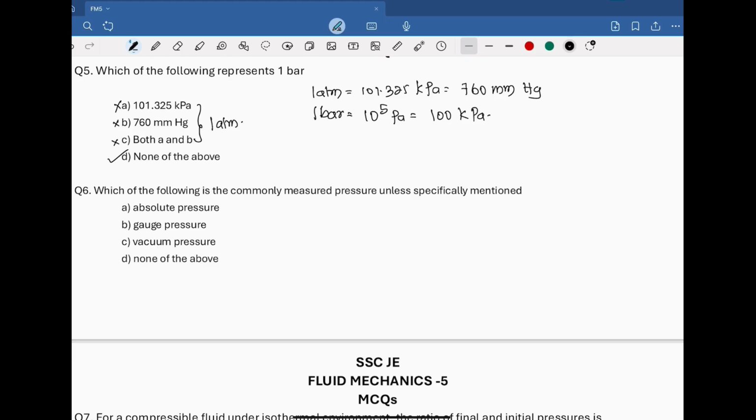Now, which of the following is the commonly measured pressure unless specifically mentioned? I have a pressure gauge, Bourdon gauge, manometer. In an industry, I measure the pressure and say it is so and so: 1 kg pressure, 10 pascal pressure, 100 pascal pressure.